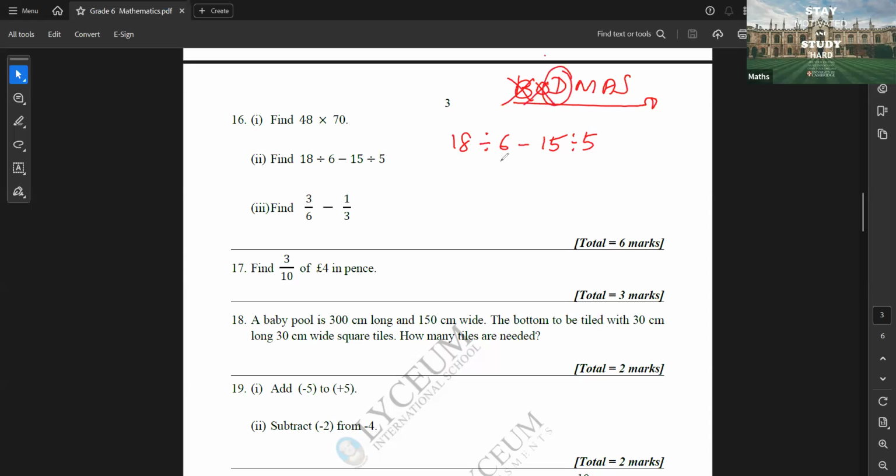Division, yes, we have. So first division. 18 divided by 6 is 3, minus 15 divided by 5, which is 3. So 3 minus 3. That's subtraction. 3 minus 3, so the answer is 0.